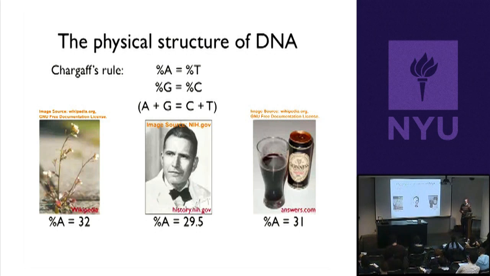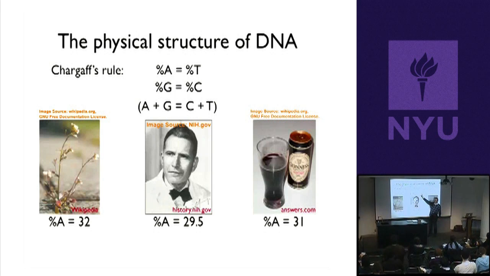The amount of adenine always equaled the amount of thymine, and the amount of guanine always equaled the amount of cytosine. Okay? Now, if you read this part in your textbook, it'll also add this equality as part of the rule, that the amount of adenine plus the amount of guanine is equal to the amount of cytosine plus the amount of thymine. Okay? But this is not necessary.